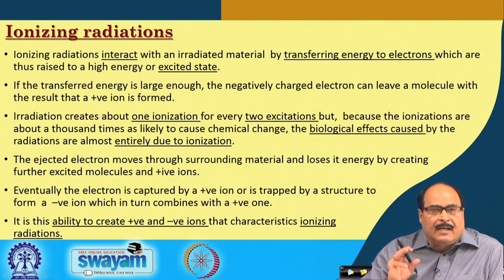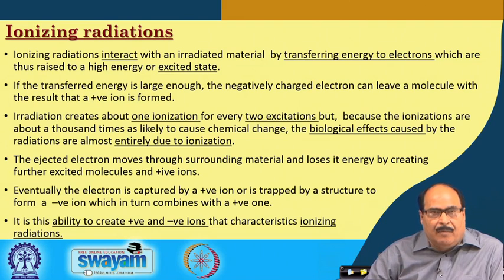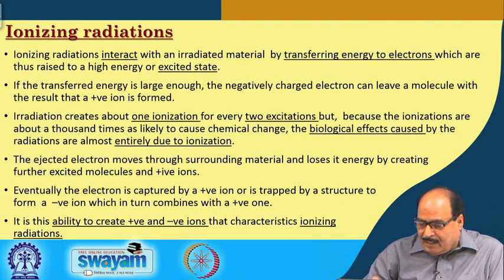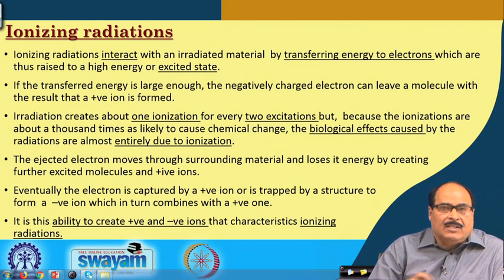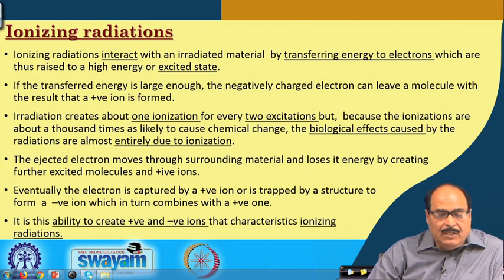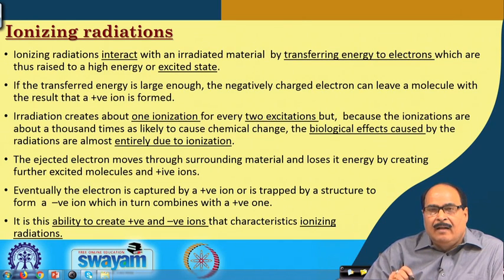And this is the characteristic ability of ionizing radiations: such radiations, when they interact with the material and produce ions, maybe positive or negative ions, are called ionizing radiations.